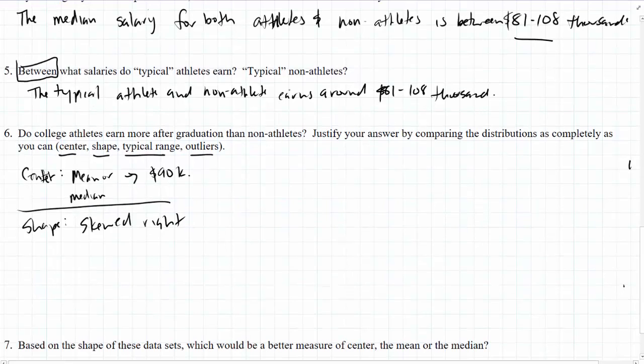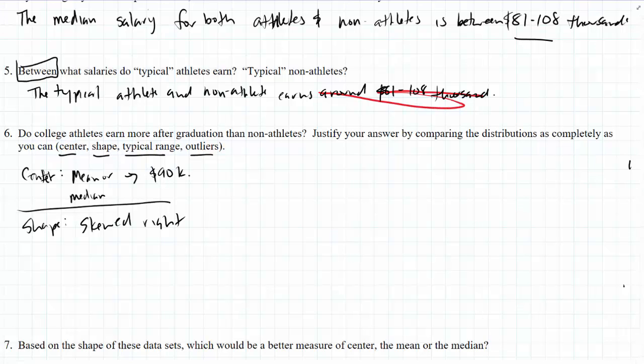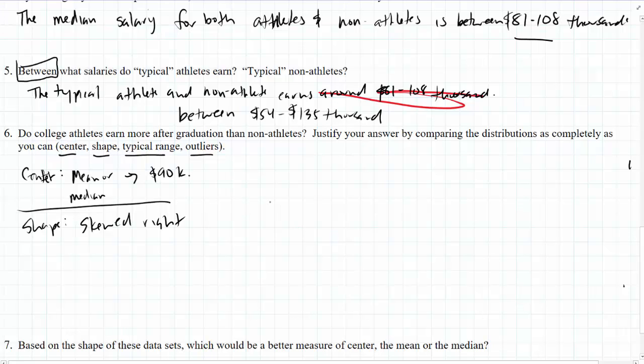The typical athlete and non-athlete earns between $54,000 and $135,000 a year. So that's going to be the typical range: 54 to 135,000.